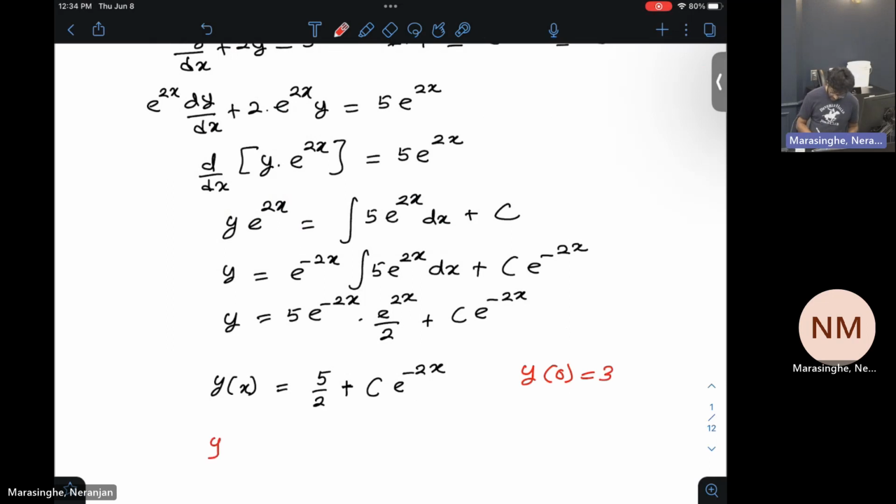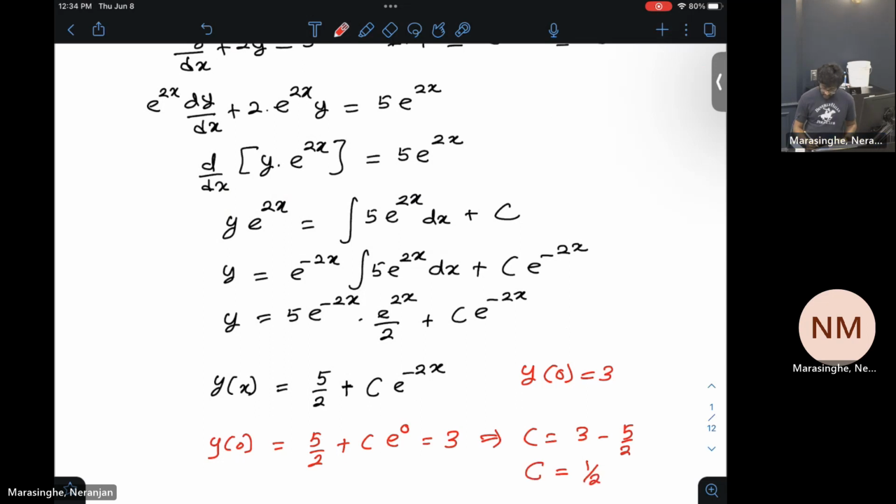So if I plug 0 instead of x, y of 0 is going to be equal to 3. So c is equal to 3 minus 5 divided by 2, which is equal to 1 divided by 2.